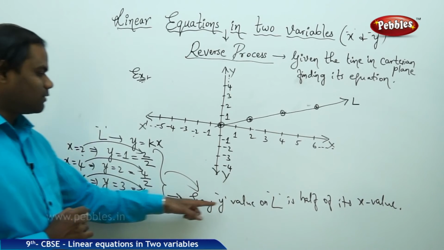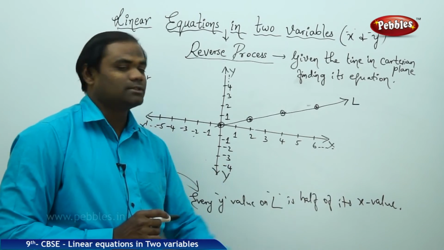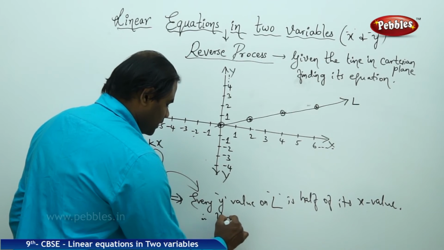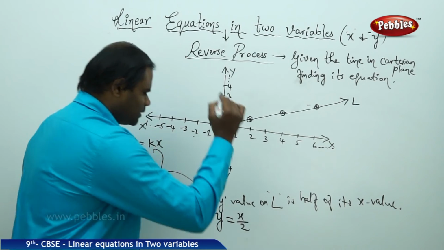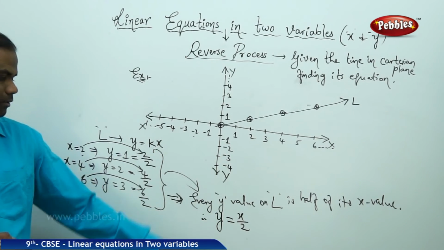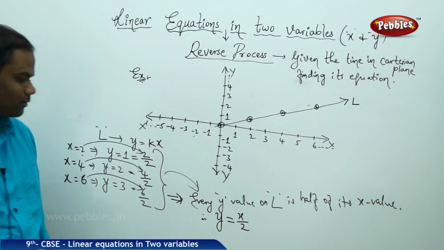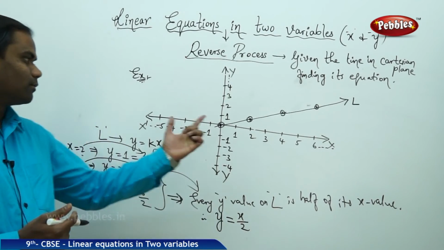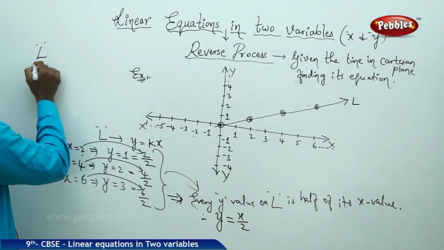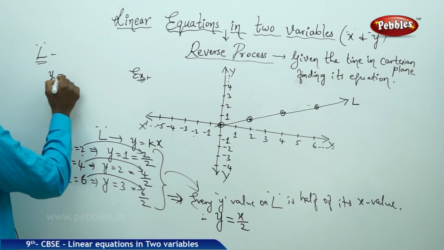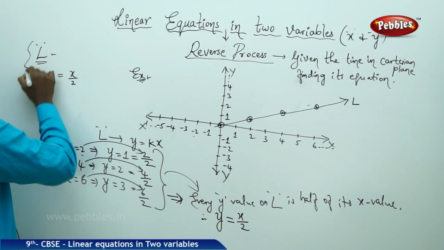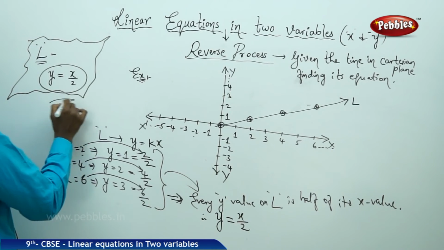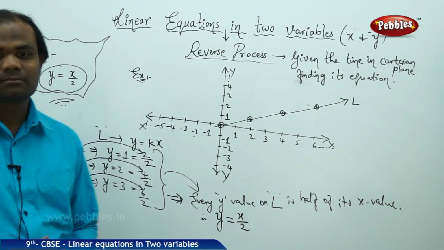Therefore, my every y mathematically is half of x. Therefore, I got an equation which is y equals x by 2. So the equation of line L is y equals x by 2.